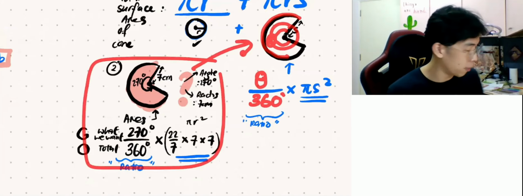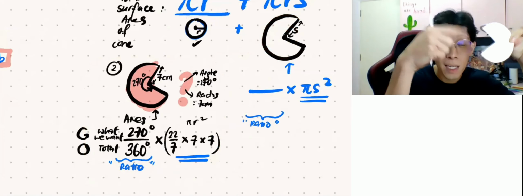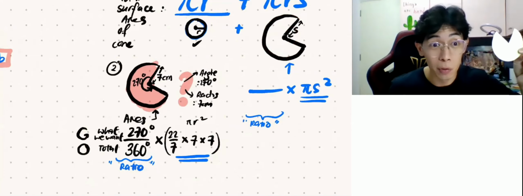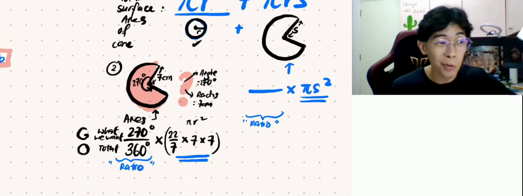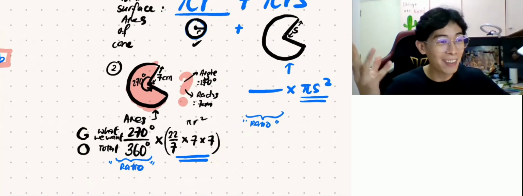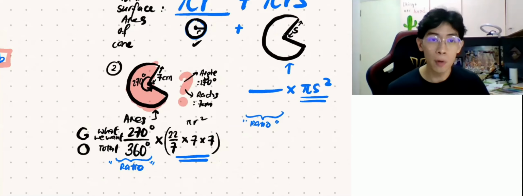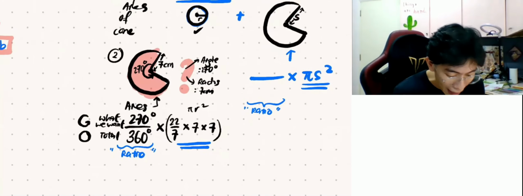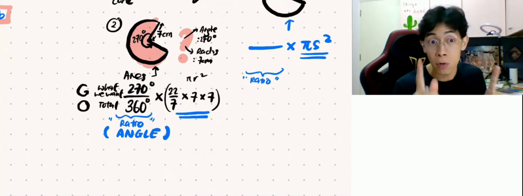Because this Pac-Man thing over here, right? This thing is not 100% of the circle, because it can be a semicircle. So you don't know the angle. That's the thing. That's why you think, oh no, what should I replace it with? So now, everyone, we are using the angle to replace the ratio, right?